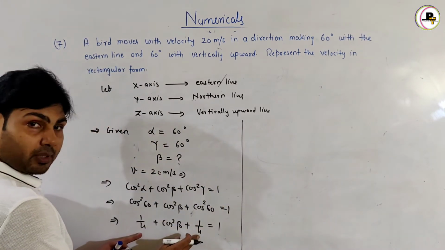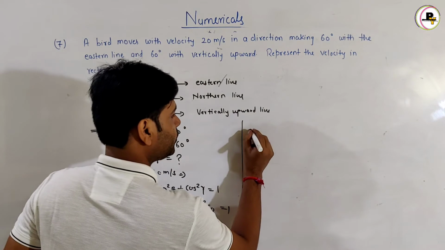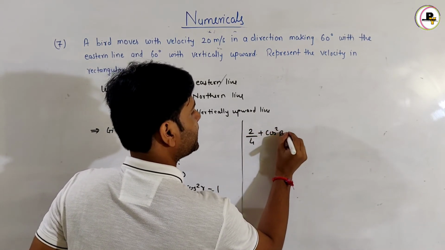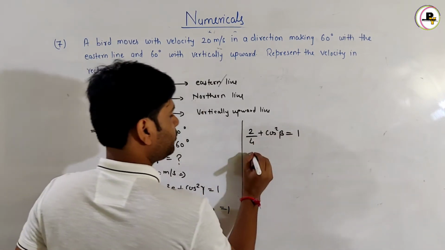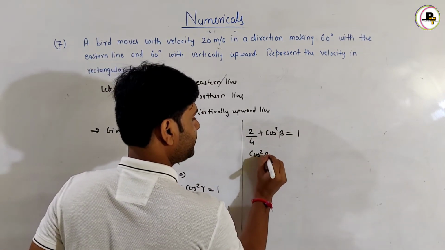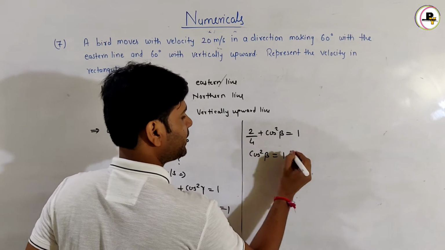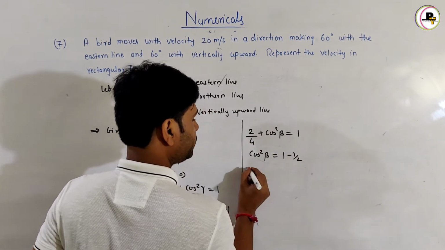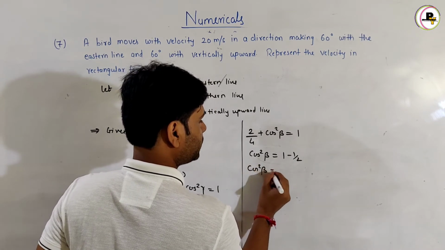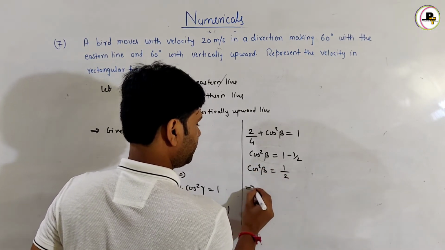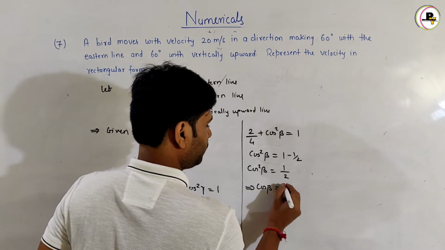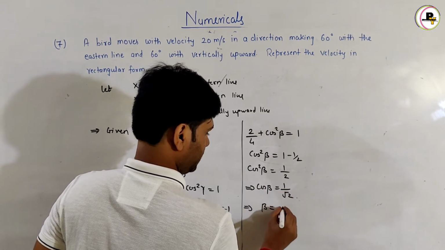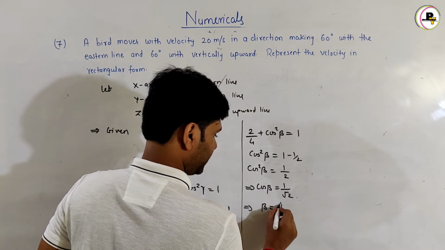So if I add 1 by 4 and 1 by 4, I get 2 by 4 plus cos square of beta equals to 1, and therefore cos square of beta equals to 1 minus 1 by 2. So cos square of beta equals to 1 by 2, and therefore cos beta equals to 1 by root 2, and therefore beta equals to 45 degree.